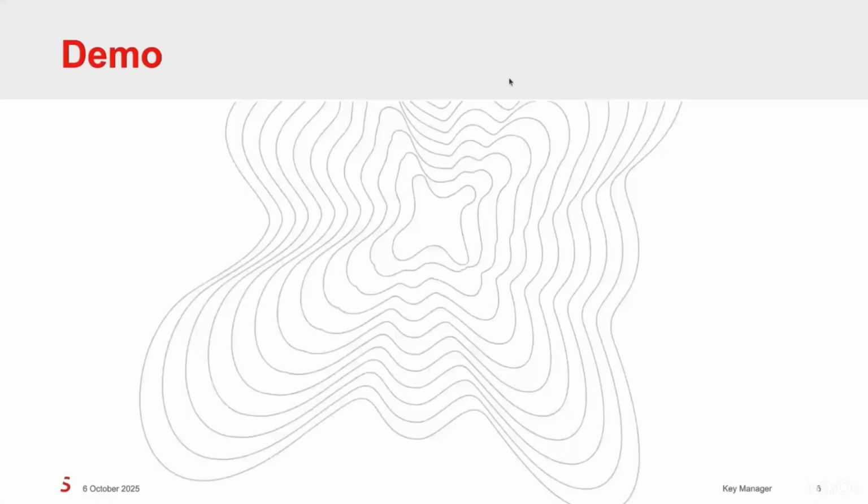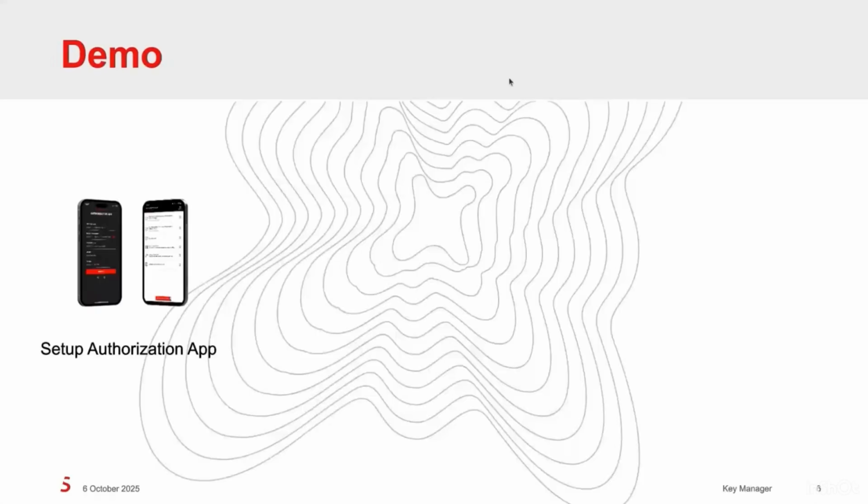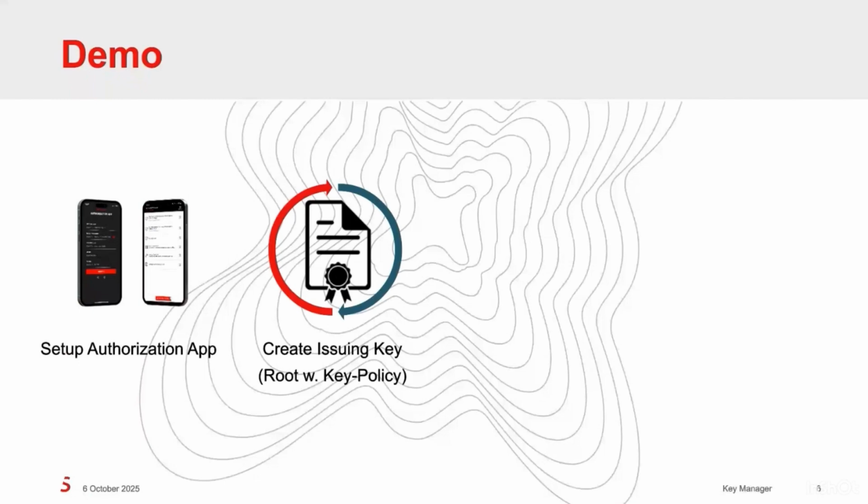I'd like to show the key manager user interface based on a little sample. We are first of all setting up the authorization app in order to approve mobile-driven authorization using smart key attributes.